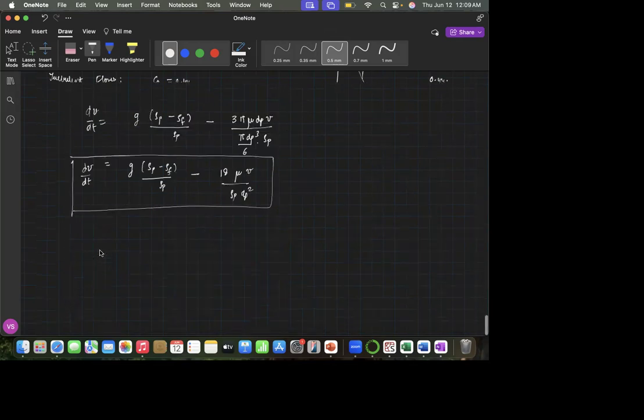This is the ODE for velocity as a function of time.